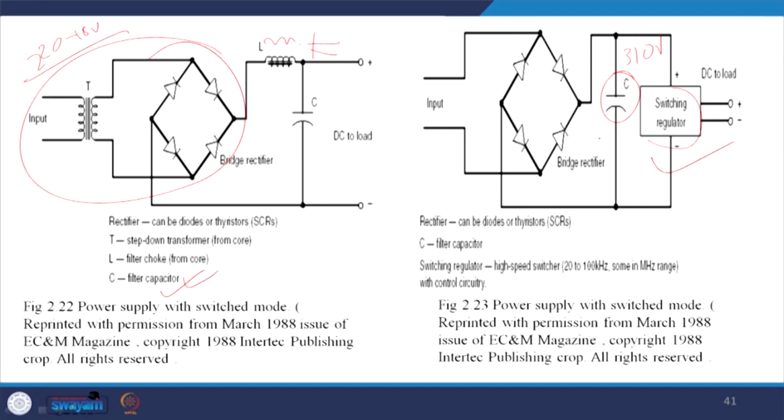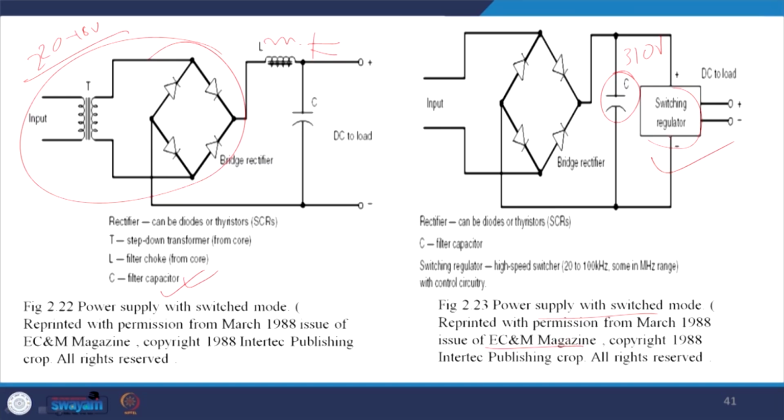That is what has been described in the lectures. The rectifier can use thyristors or diodes, depending on whether the rectification is controlled or not, and this is the power supply, reprinted from this magazine, courtesy to them.